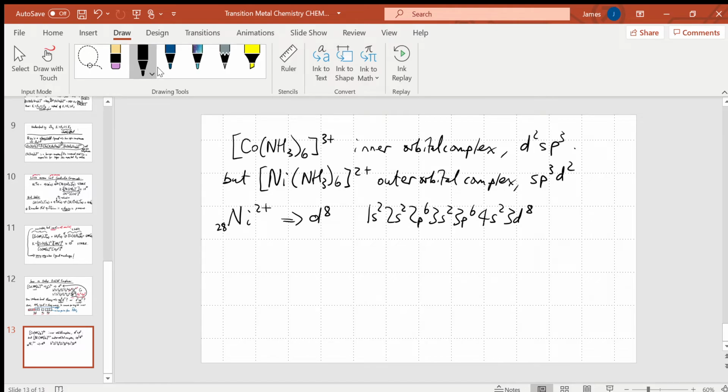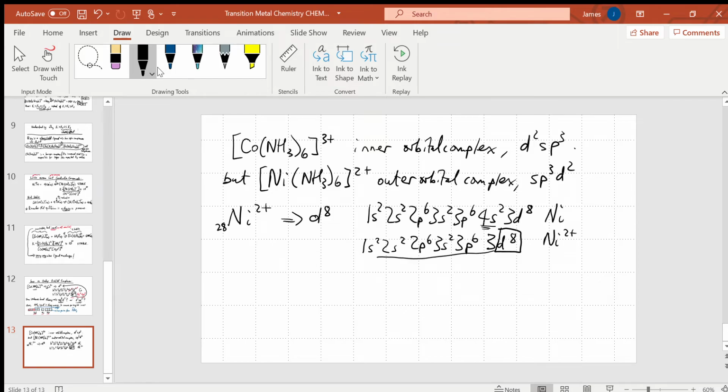So we'd have 1s2, 2s2, 2p6, 3s2, 3p6, 3d8.